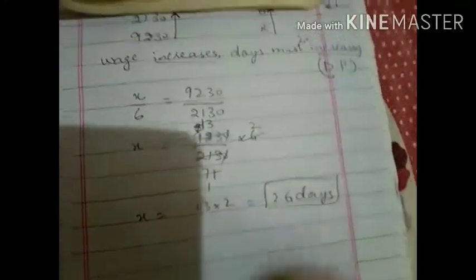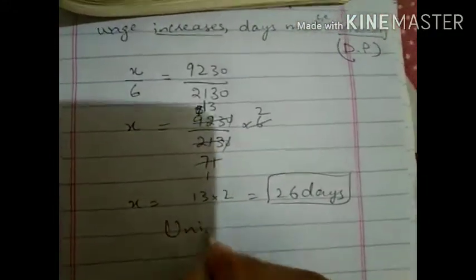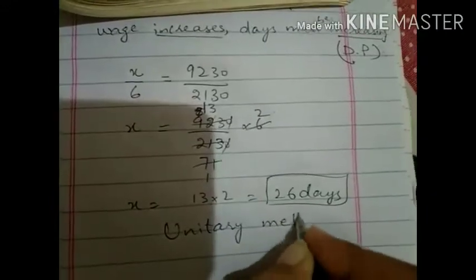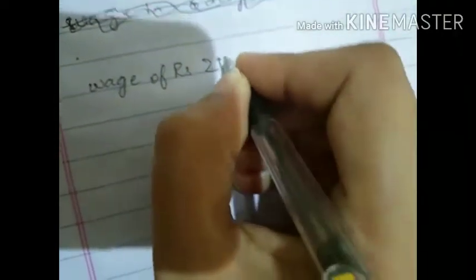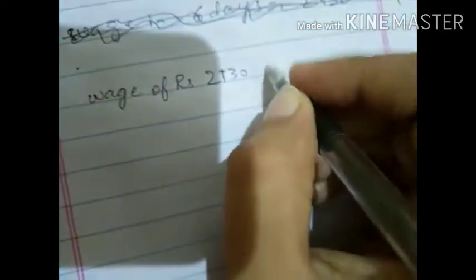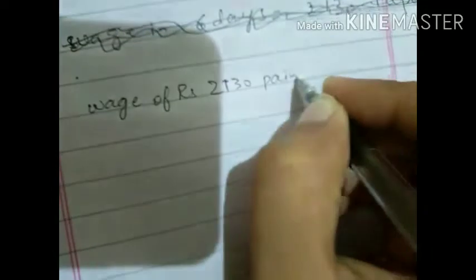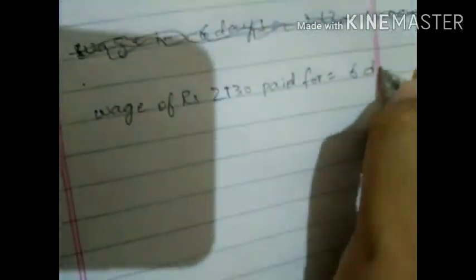Okay, you can also solve it with the unitary method. In the unitary method, we will firstly write the values. The value that is given, we make it a statement: a wage of rupees 2130 is paid for 6 days.